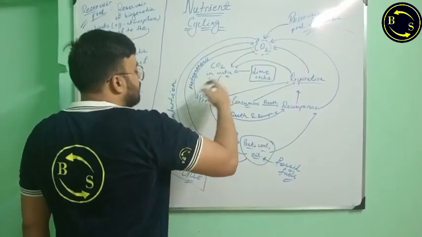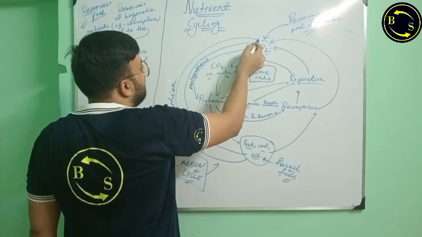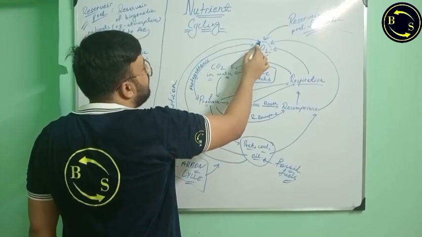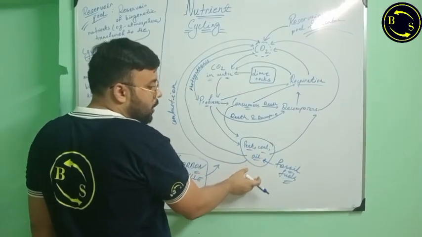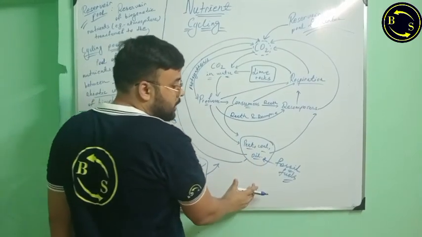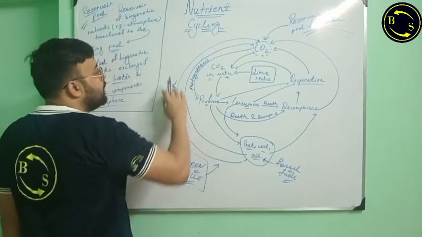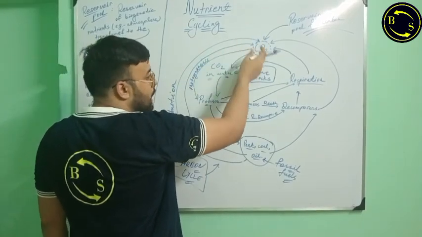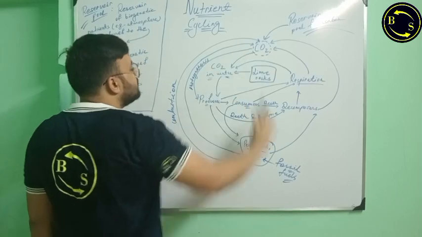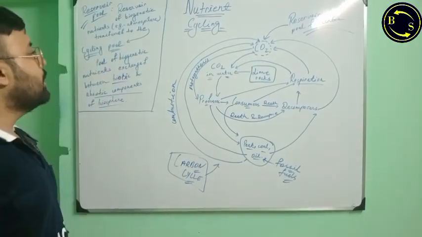Through combustion, carbon dioxide is liberated and is again returned back to the atmosphere, and hence the carbon trapped in the peat, coal and oil in the subsoil region or in the lithosphere region is again returned back to the reservoir pool through combustion. Through the formation and liberation of carbon dioxide, carbon is returned back to the atmosphere. Okay.